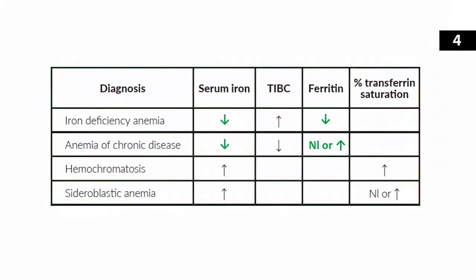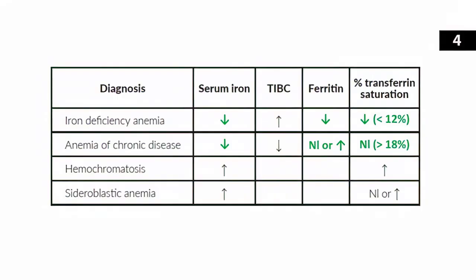So the percent saturation is going to be very, very low, usually less than 12%. For anemia of chronic disease, it's generally going to be in the normal range. Now, the normal range for transferrin saturation is anywhere from about 12 up to 45 or 50, so it's a very broad normal range. But generally, in anemia of chronic disease, you're going to have a transferrin saturation greater than 18%.